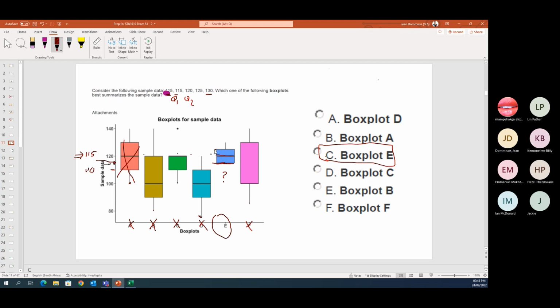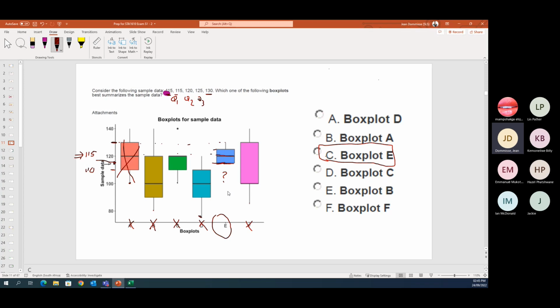Then that one is Q3, 125, and the maximum is 150. And if you look, it would probably be in the middle of those two. Okay, so that is also just why box plot E was the correct one.